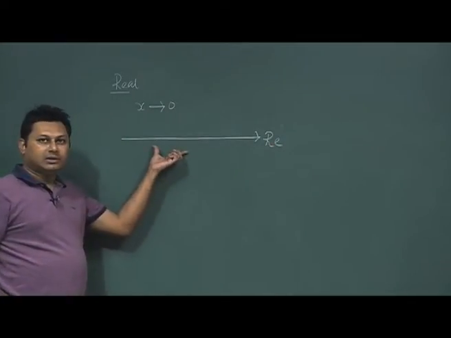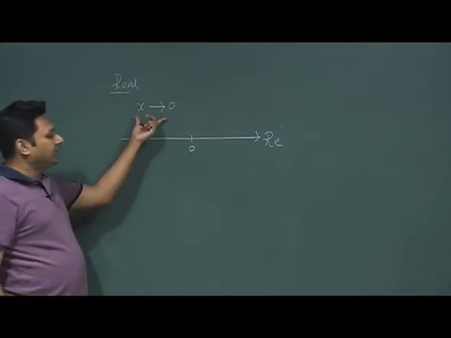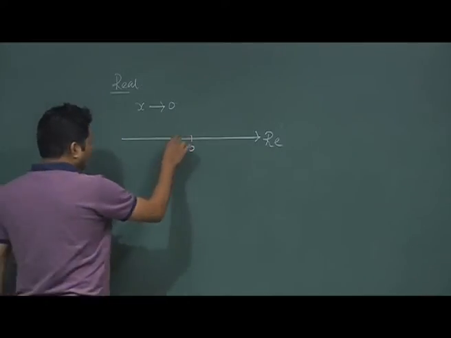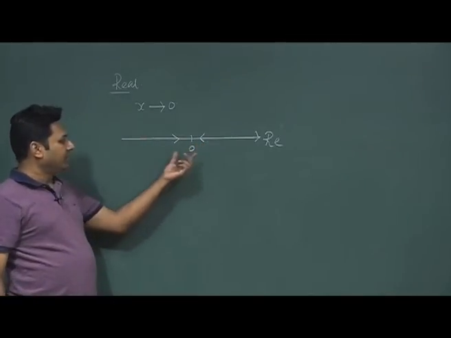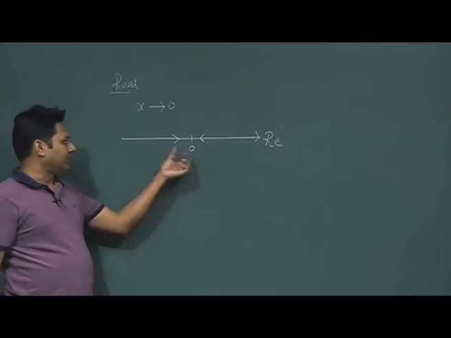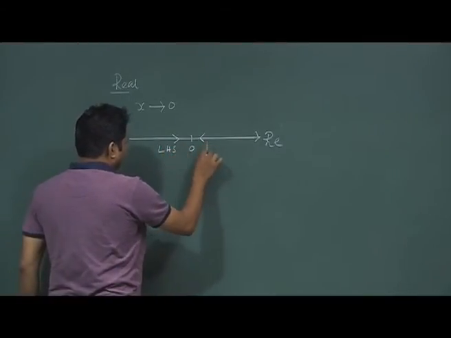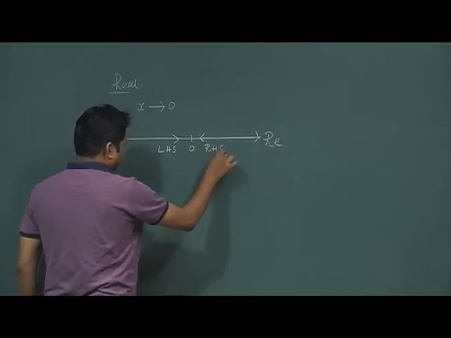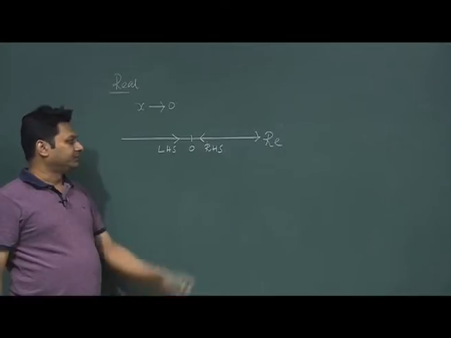This is my 0 point. X tends to 0 essentially means I am going from either this side or this side. There are two options through which you can approach this 0 point, either left hand side approach or right hand side approach. These are the two approaches through which you can come to this particular point 0.